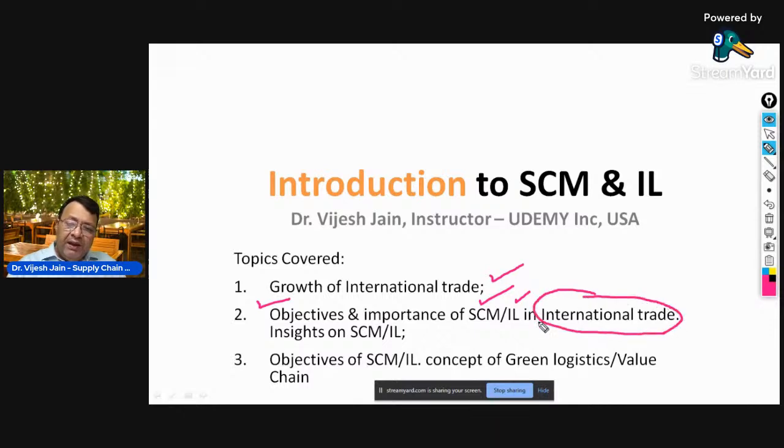Because our aim and objective remain hovering around international trade and the insights of the supply chain management as well as the international logistics, and what are the objectives of the supply chain management in terms of the concept of green logistics or so-called value chain.